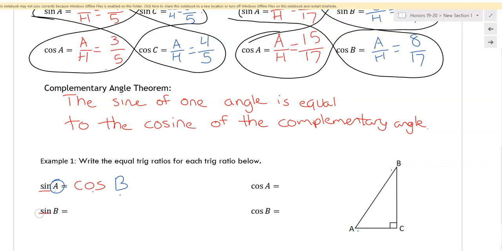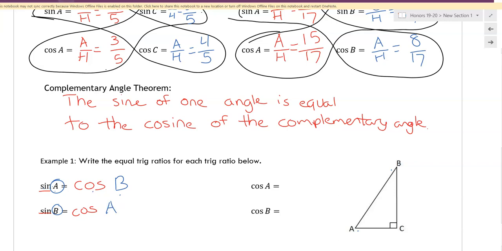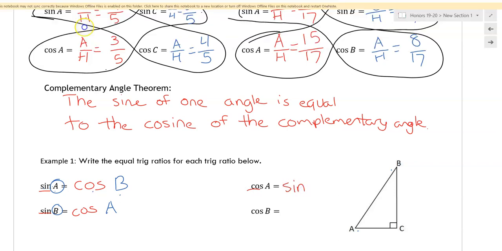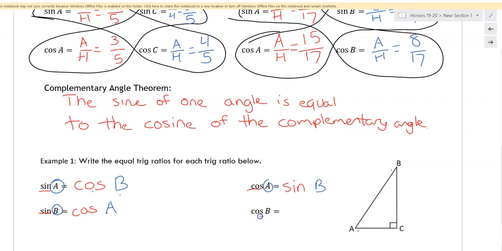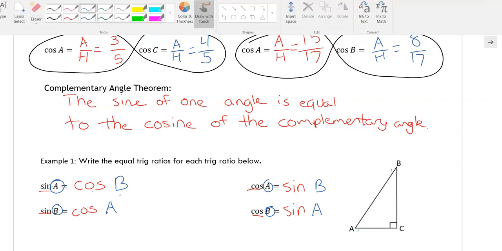Same thing here, sine of B is equal to the cosine of A. And cosine of A is going to equal the sine of B. And the cosine of B switches to sine of A. So the trig ratio switches and the angle switches.